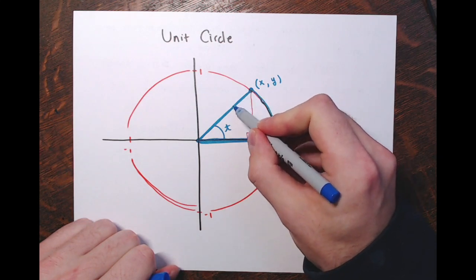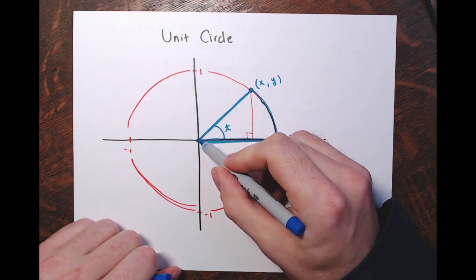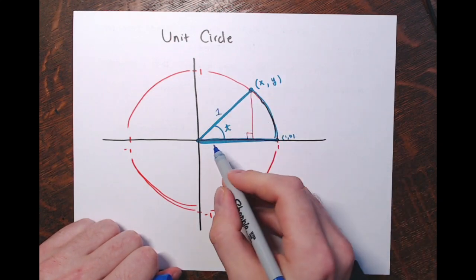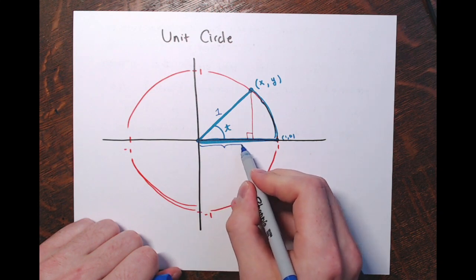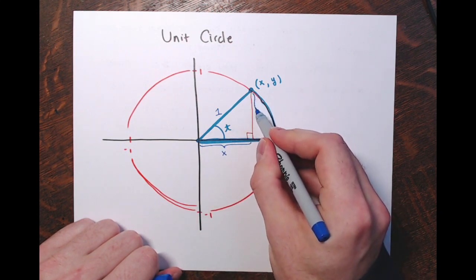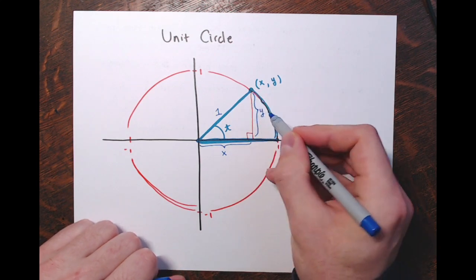The hypotenuse is a radius of the circle, which is 1 unit. This horizontal length is simply the x coordinate of the point. The vertical length is simply the y coordinate of the point.